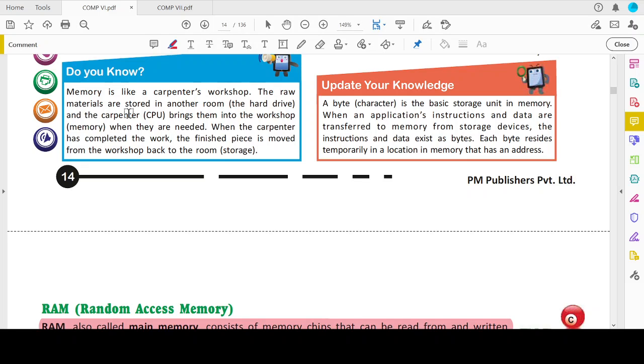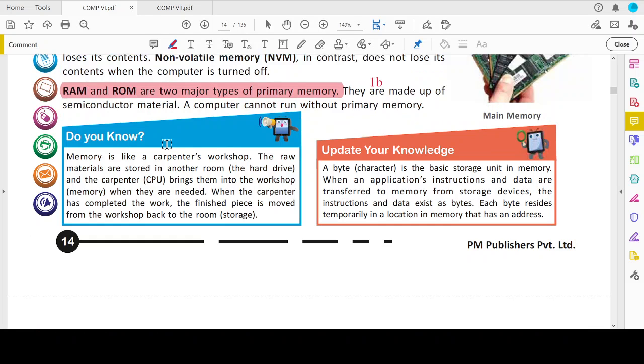The raw materials are stored in another room, the hard drive, and the carpenter brings them into the workshop when they are needed. When the carpenter has completed the work, the finished piece is moved from the workshop back to the room. So when you want to work on some object, you take the object to the workspace.